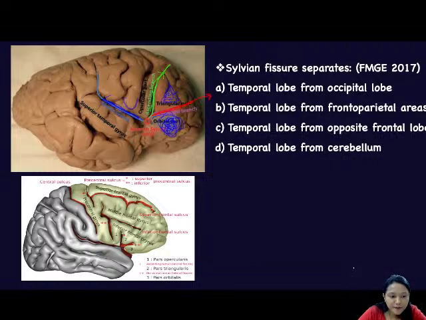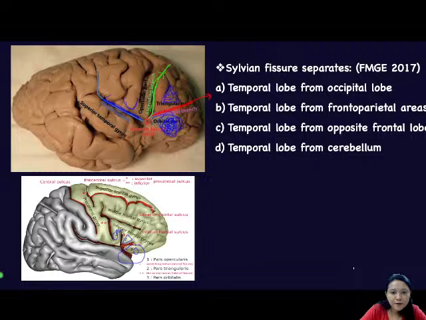Similarly in this image, number 3 is the pars orbitalis, number 2 is the pars triangularis, and number 1 is the pars opercularis.